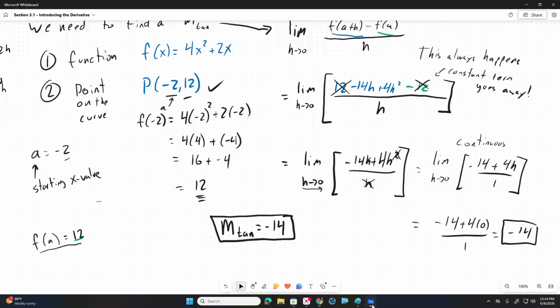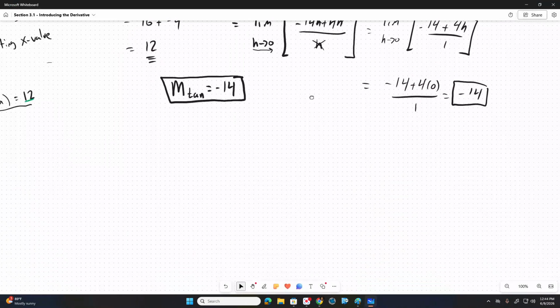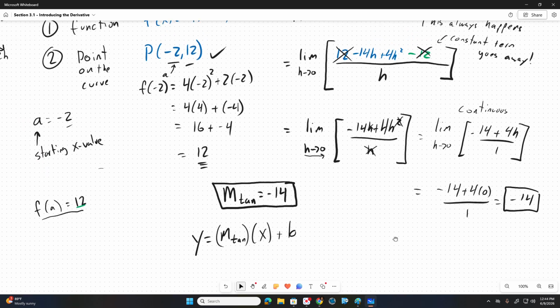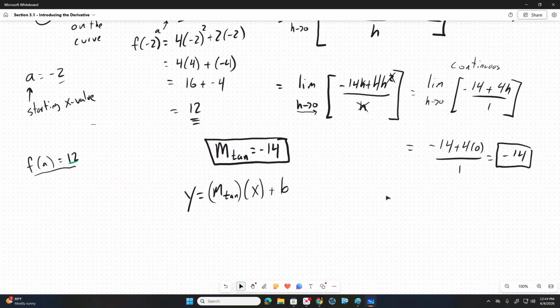If we go back real quick, we know the slope of the tangent line is negative 14. We should be able to write y equals m tangent times x plus b. And as a reminder, we know x, we know y, we know m tangent.